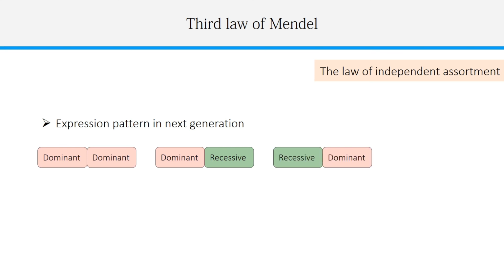Some next-generation organisms will have development of the first property guided by a recessive gene, while development of the second property will be guided by a dominant gene, and some next-generation organisms will have development of both properties guided by expression of recessive genes. And the proportion between these phenotypes will be 9 to 3 to 3 to 1.